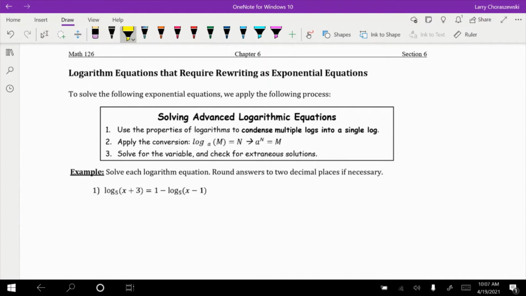All right, so we're gonna look at equations that involve 2 or more logs, and that's part of the reason why I wanted to go over those log properties at the start of class today. When we have equations that involve multiple logs, we want to do a little bit of rewriting.